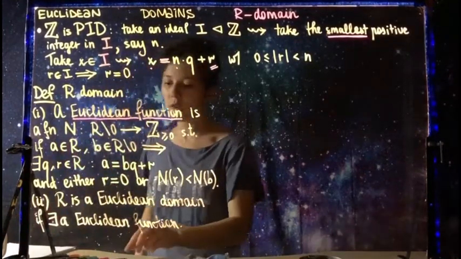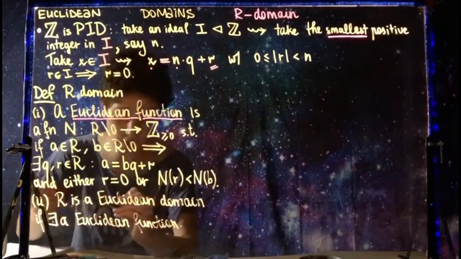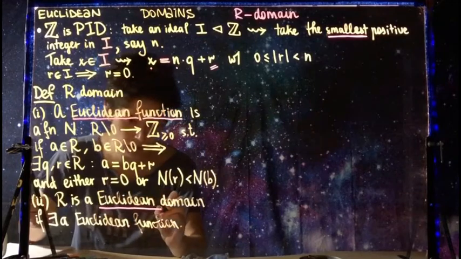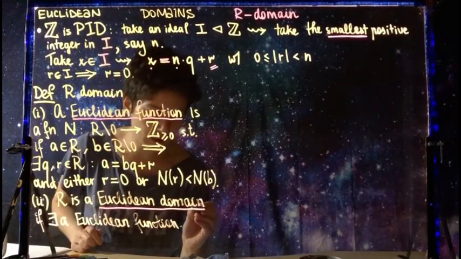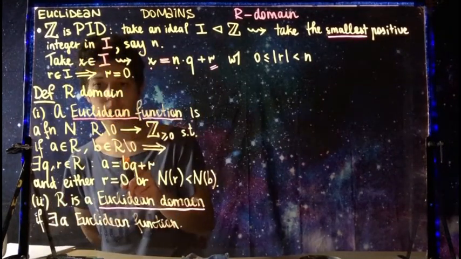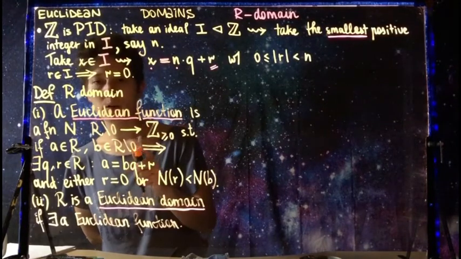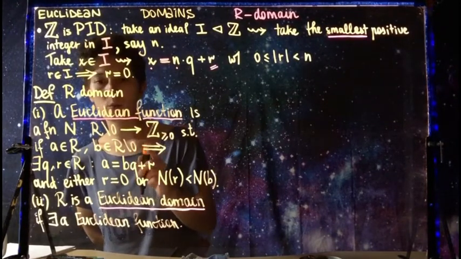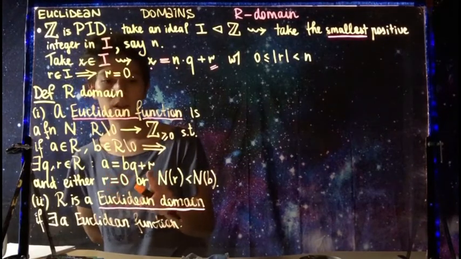And the reason why we call it a Euclidean function and a Euclidean domain is because this function allows us to run a Euclidean algorithm. The most important fact about division with remainder is that B divides A if and only if R is 0.